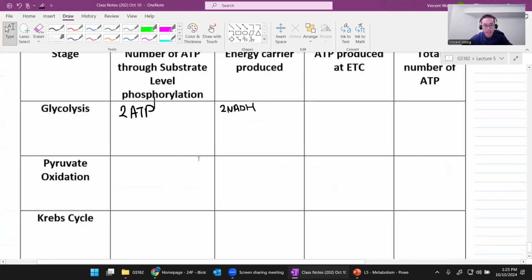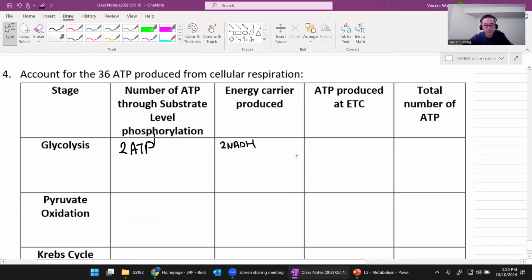Now, there is a little bit of a problem here to make things slightly more complicated. Where are these NADH produced? This is glycolysis. So where are the NADH produced? Like which part of the cell are they produced in? Cytoplasm. They are produced in the cytoplasm.